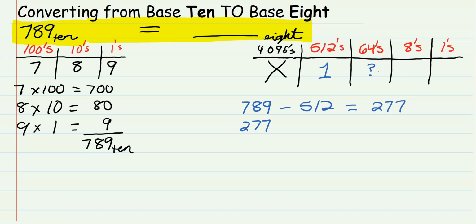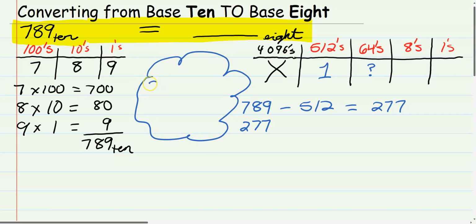Take 277 divided by 64. That will give you 4.32. What does that mean, 4.32? Here's our thought process: 277 divided by 64 is equal to 4.32 and so on.